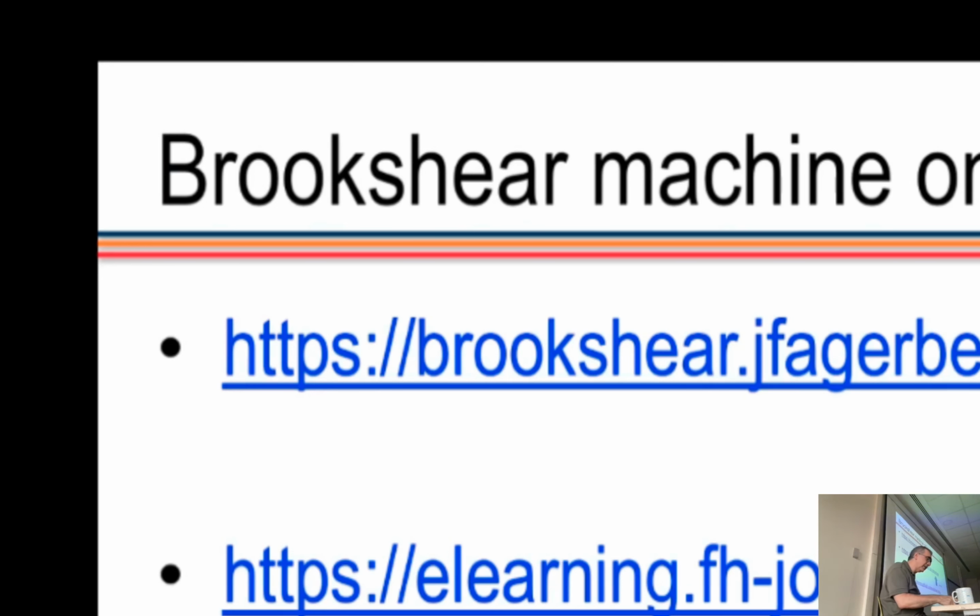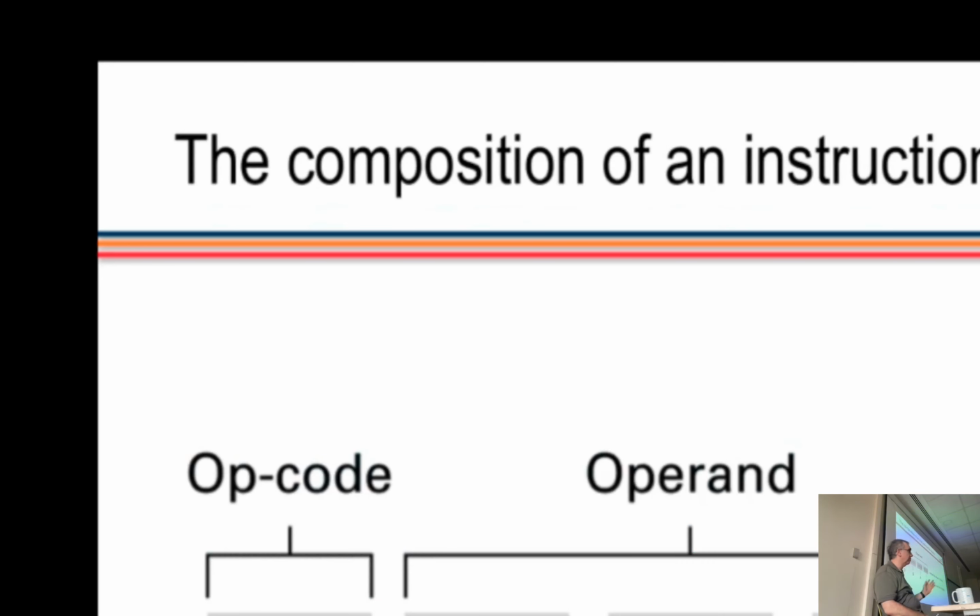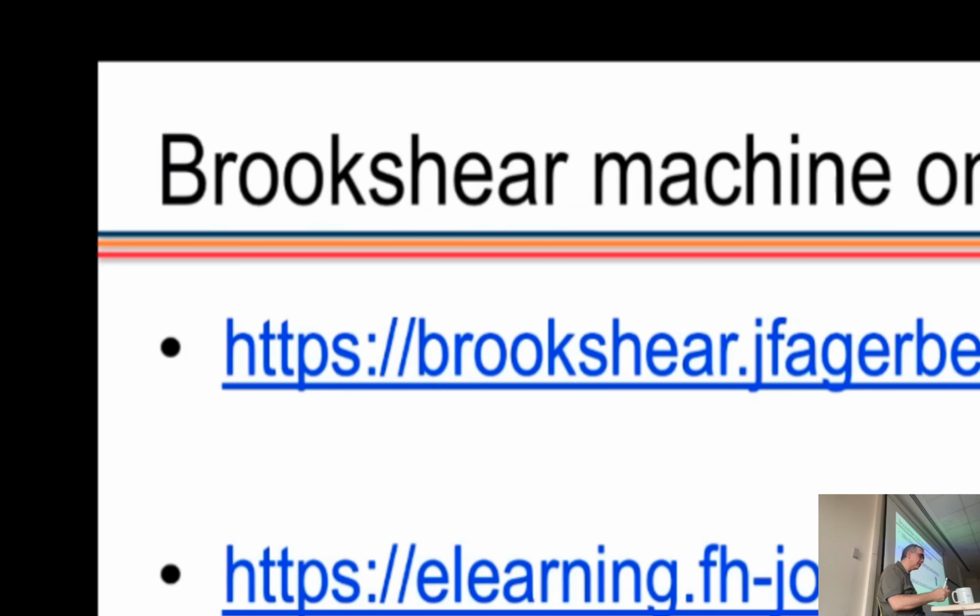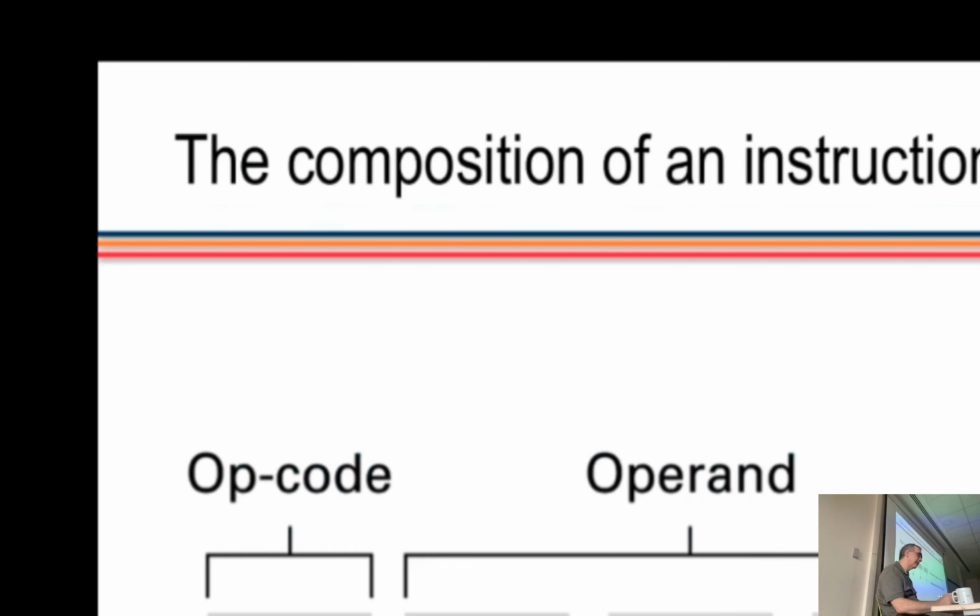So this Brookshire machine is available online, you can search for VizMachine, but it turned into German, so I loaded it into Teams. You can use it from your laptop locally. It had 16-bit words. Wow, big stuff. 16-bit words.